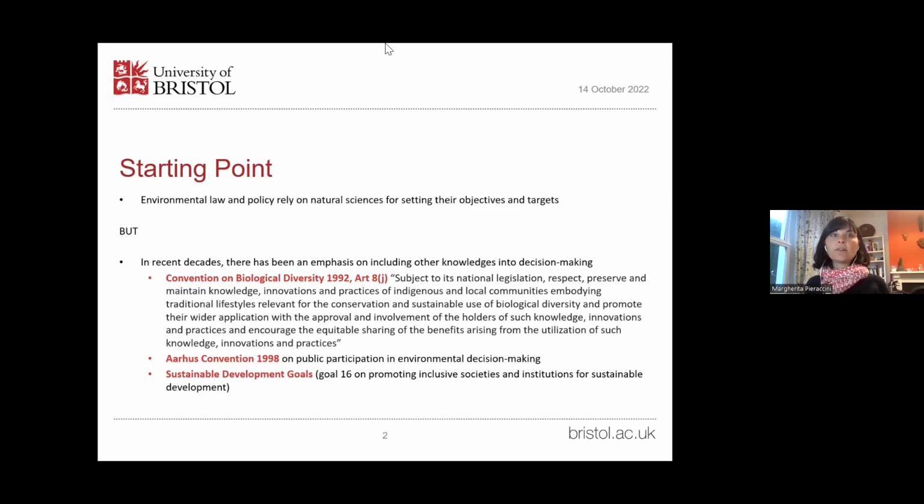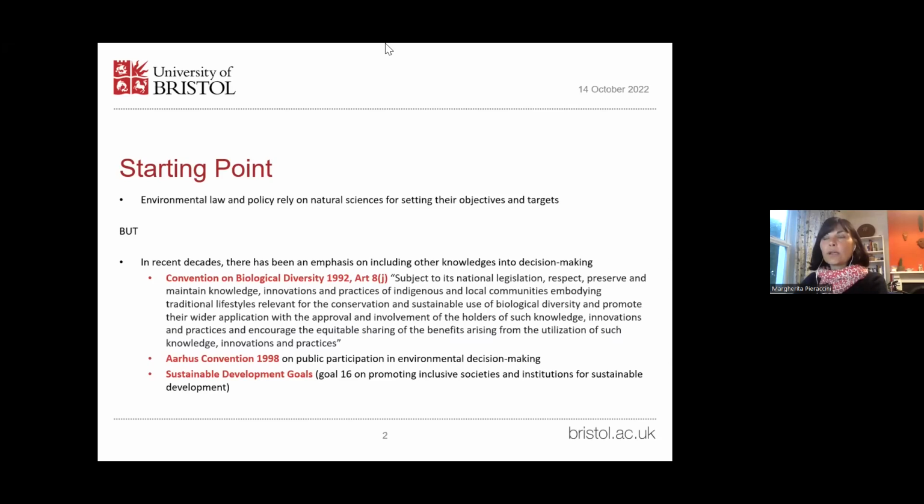And here I've put a few examples of conventions, so international legal instruments, as well as international policy instruments, such as the Sustainable Development Goals, that really show that we need to get to grips with other knowledges, and we need to include other knowledges when we come to environmental decision making.